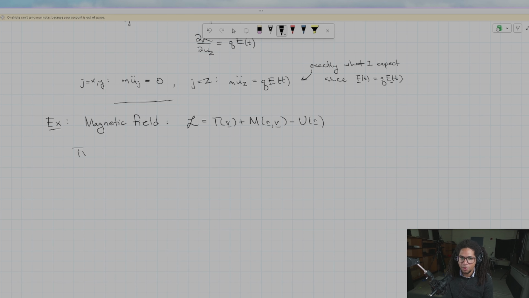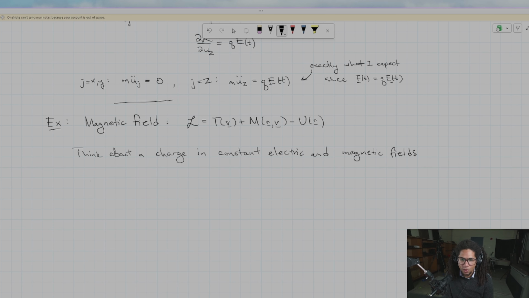So think about a charge in constant electric and magnetic fields.